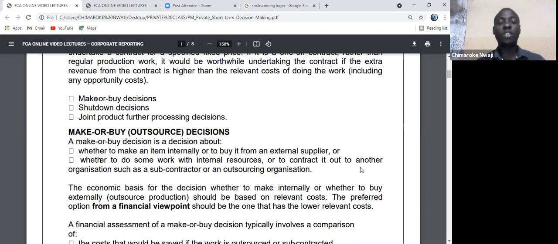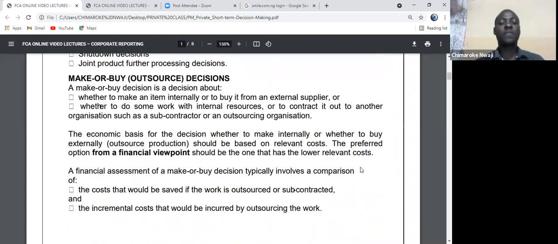From a financial point of view, which decision will lead to a lower relevant cost? After taking a decision based on financial consideration, you may need to put that to further test by looking at non-financial considerations. We're going to be looking at the financial point of view and also a non-financial point of view. First, let's talk about the financial point of view.